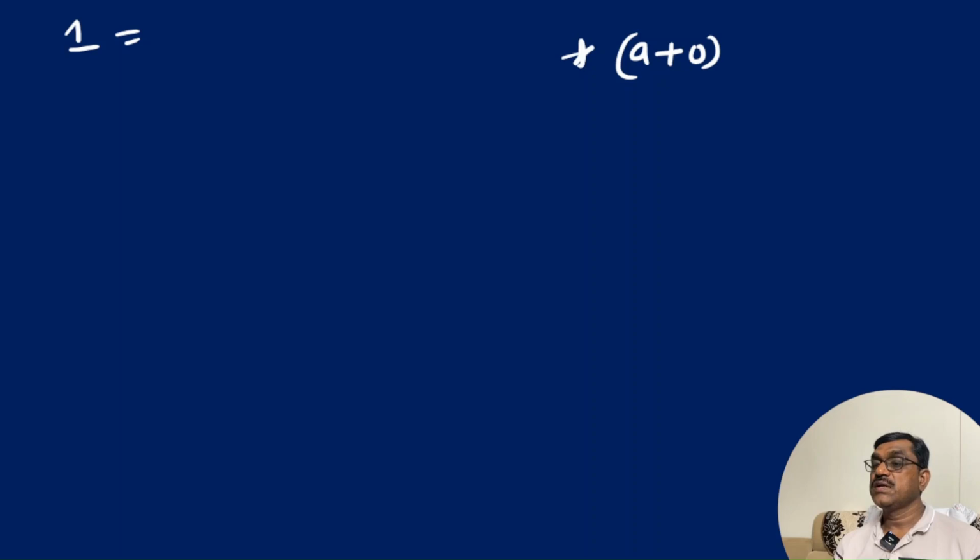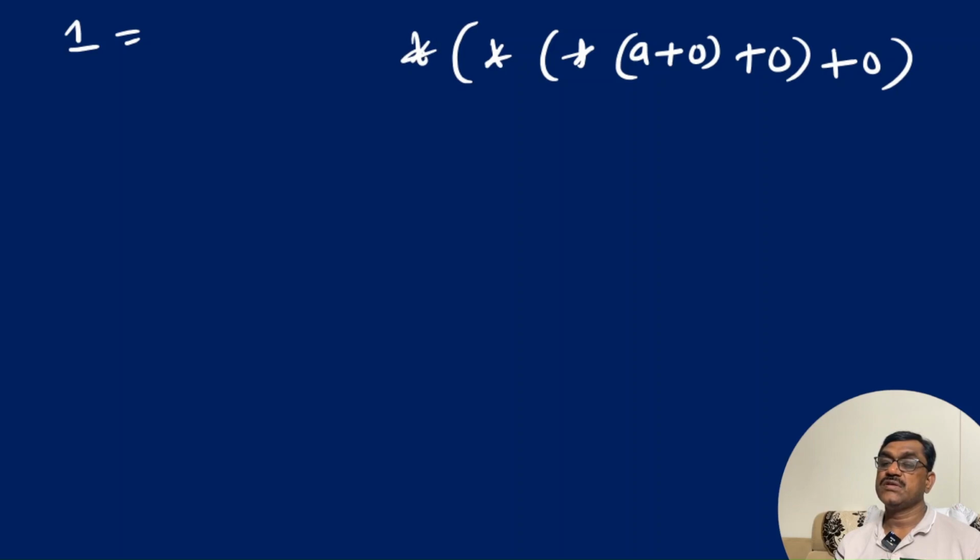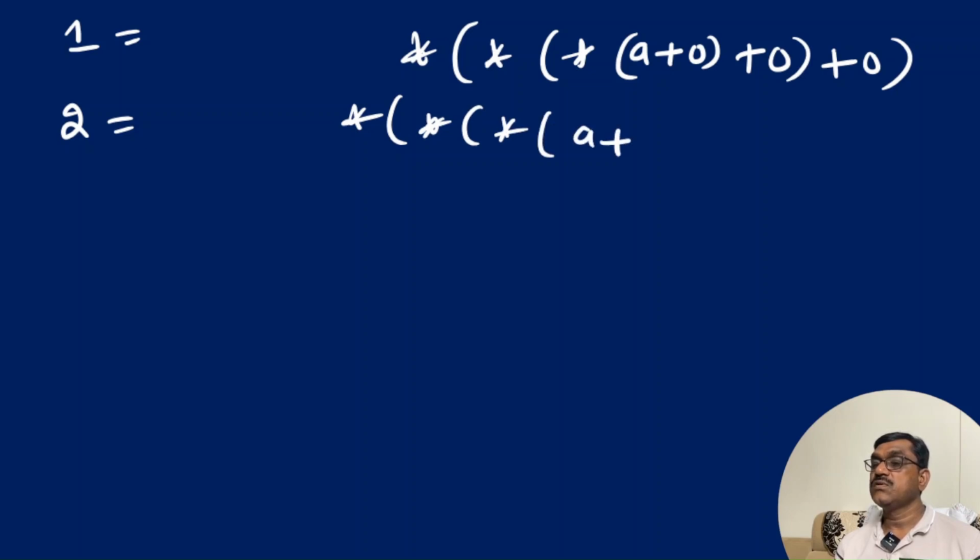Next we write star plus 0, again star plus 0, again star. This is the first element. Now how to get the second element? Same thing, star of star of star of A plus 0, plus 0, and here we are going to get 1.